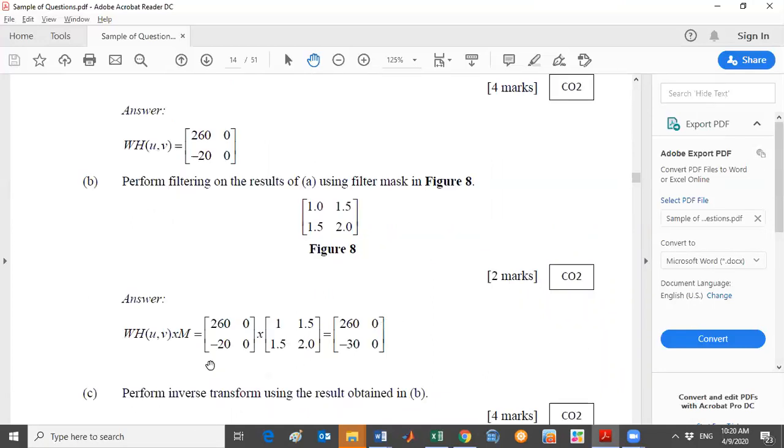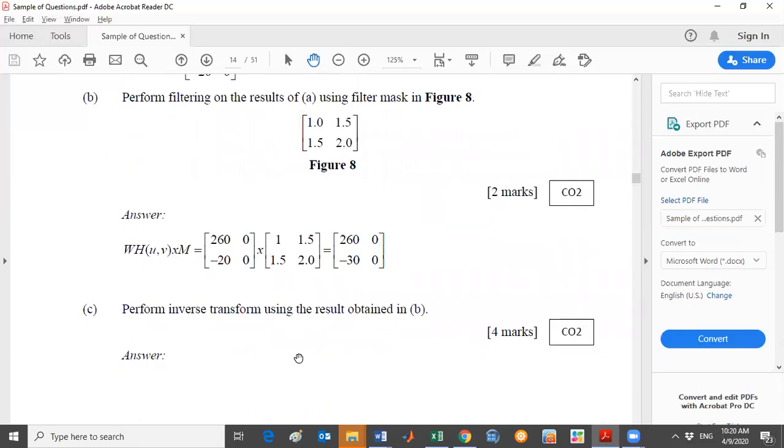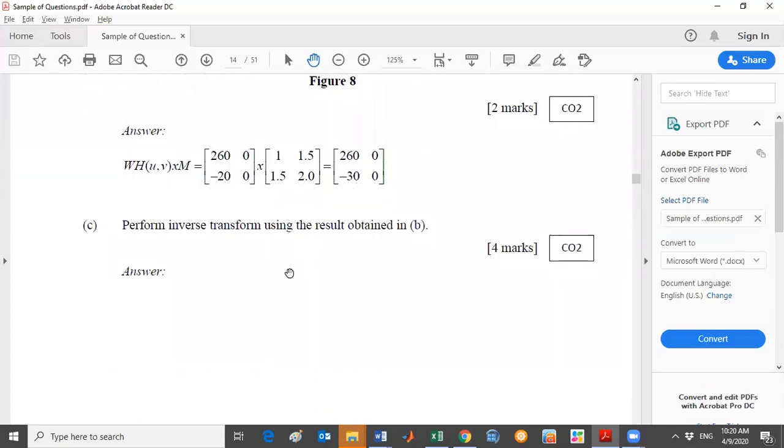Okay, now we perform inverse. So inverse is basically you try to combine, you try to compose the image again.